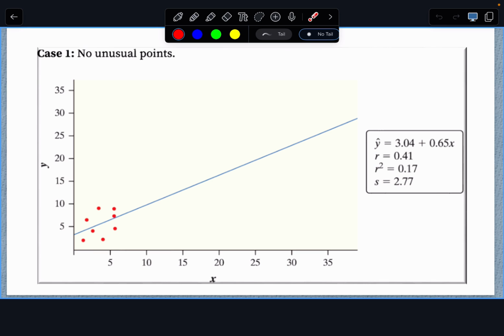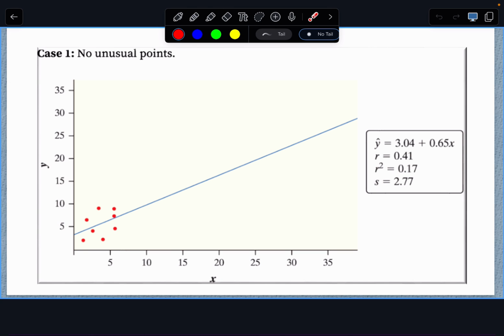Typically off by. So our typical prediction error, right? When we're doing the residual standard deviation, remember residuals are the prediction errors. How far off was the line from the actual point, right? So we're looking at the typical prediction error. If I were to predict using my model, we will typically be off by about 2.77 whatever units, right? So that's what we're looking at there.